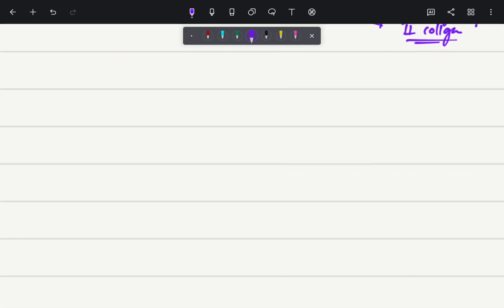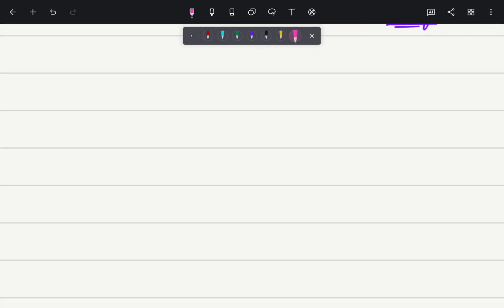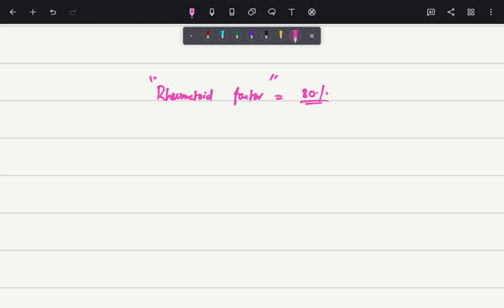Okay. Now finally we will talk about rheumatoid factor. Now this rheumatoid factor is present in nearly 80% of the population who are affected with rheumatoid arthritis. Now what is meant by rheumatoid factor?